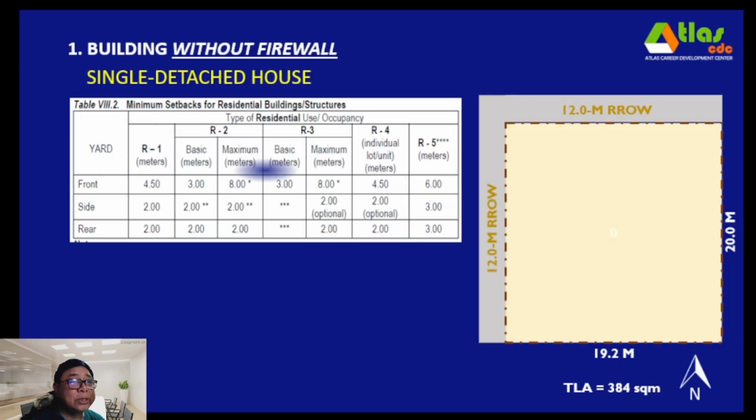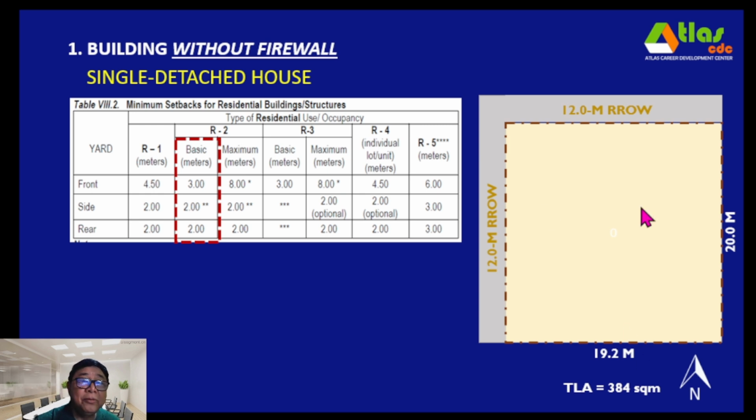So our first reference will be Table 8.2. This is the minimum setbacks for residential buildings, and for a basic R2, the front setback minimum is 3 meters, while the side and rear setback will be at 2 meters.